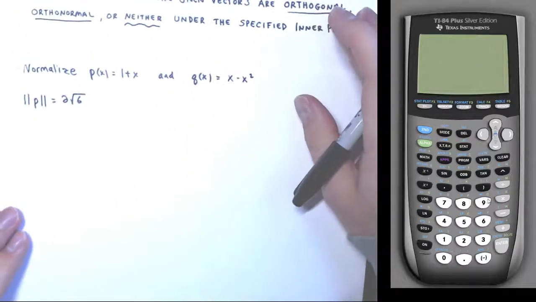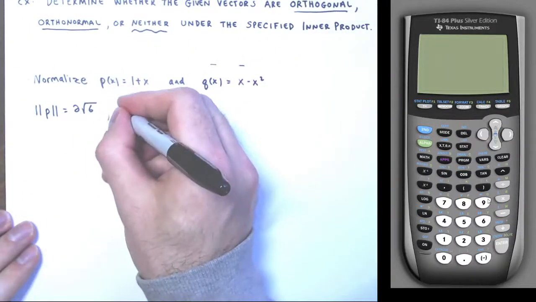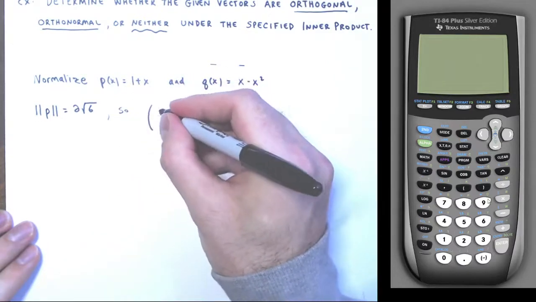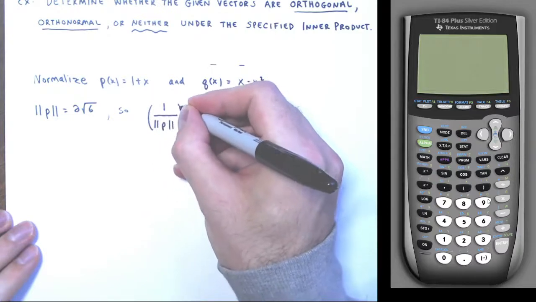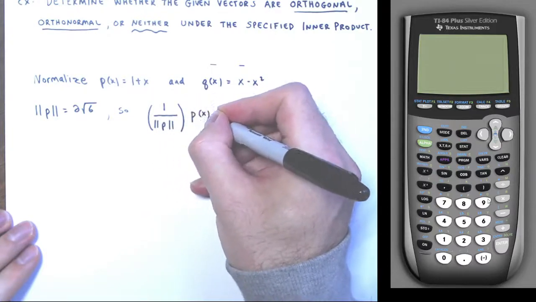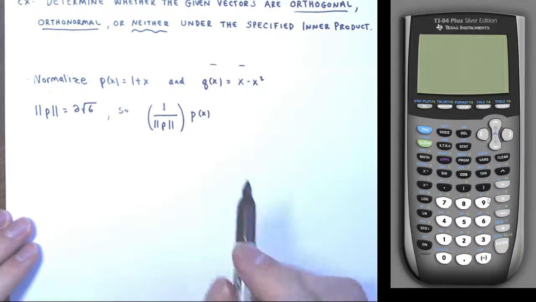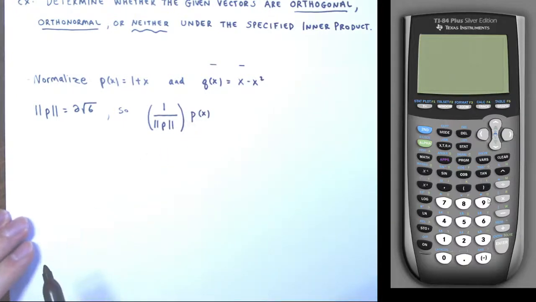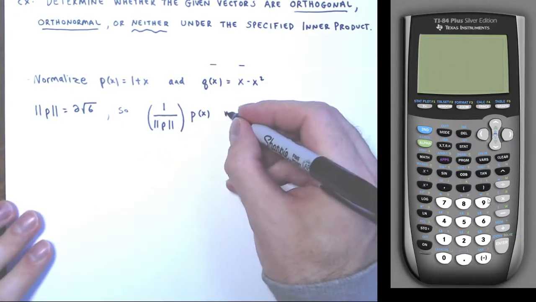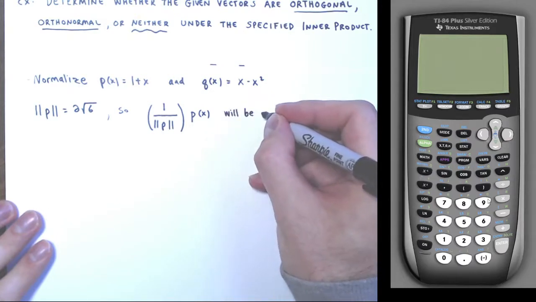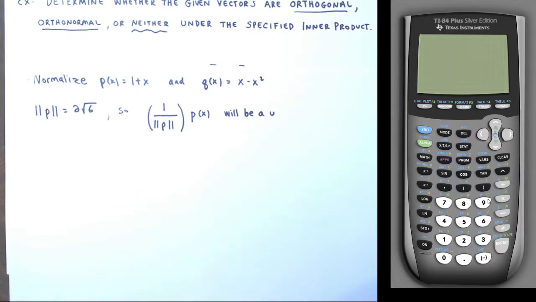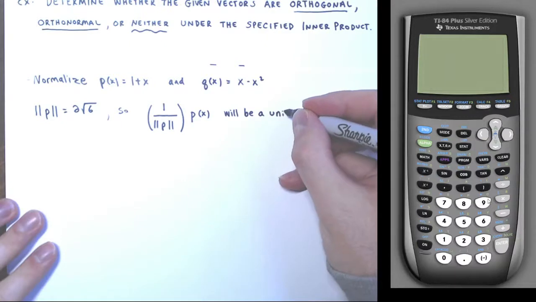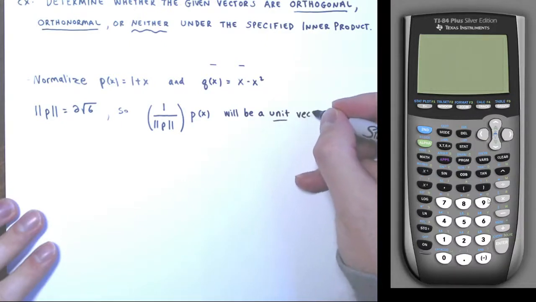So this vector, 1 divided by the norm of P times P of x, right? The reciprocal of the norm of P times P will be a unit vector. And it's going to be a unit vector in the direction of P, meaning just a positive scalar multiple of P.